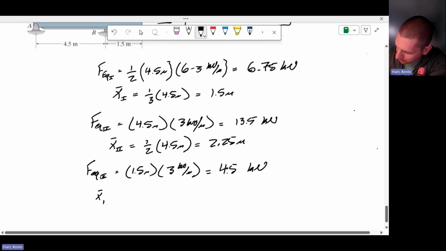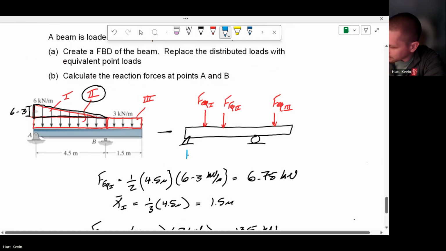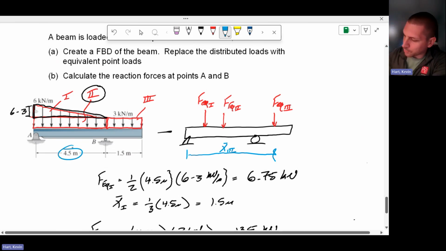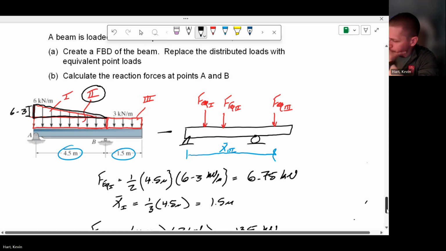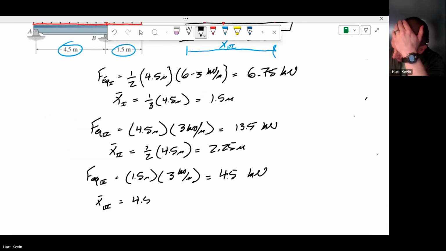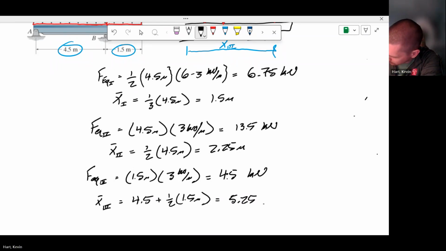And this is located at position 3, which I'm going to measure from the far left-hand side. Notice I'm taking everything from the left. So this is X bar in position 3. It's going to be this 4.5 plus half of 1.5. So 4.5 plus 0.75, it's going to be 5.25 meters.